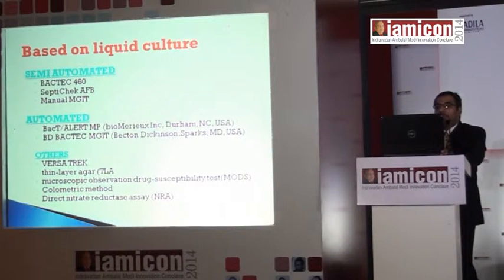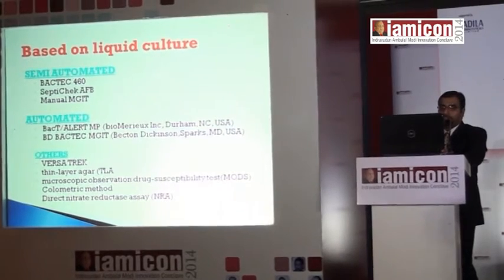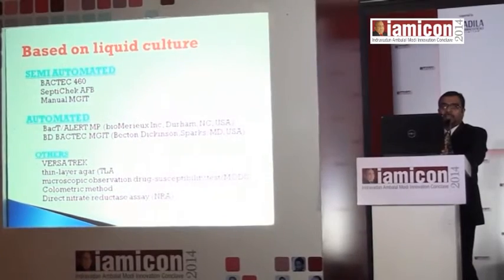The semi-automated methods are like Bactec 460, Septi-Chek AFB, and manual MGIT. The automated methods are like ALERT and Bactec 9000. Many other methods are under progress, like MODS, thin layer agar methods, colorimetric methods, or nitrate reductase assay.